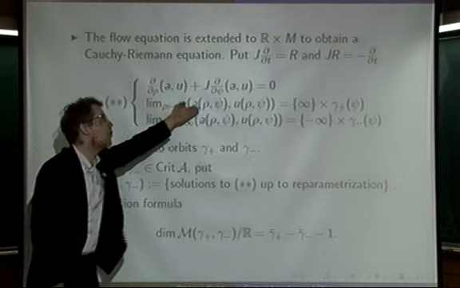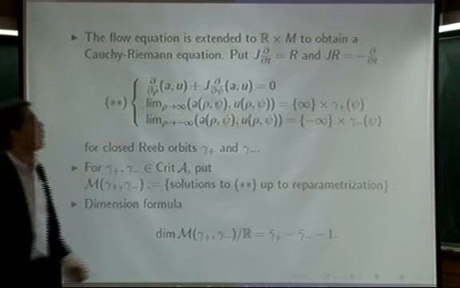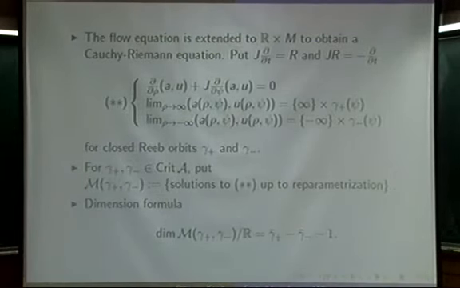If I follow the cylinder up to infinity, then I get one critical point and I get another critical point at the other end. Okay. So we just keep copying the Morse homology.